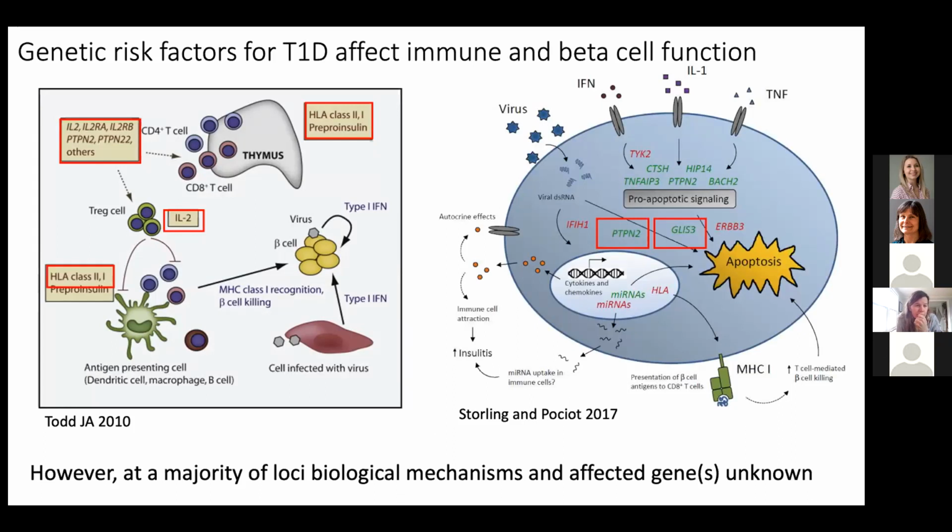There's also likely a component that involves beta cells and their intrinsic functions, participating in their own demise as part of the disease process, and several genes have been demonstrated to affect beta cell function in the context of type 1 risk. But of course, for a majority of loci for type 1, as with other complex disease, the biological mechanisms, cell types, and genes that are ultimately affected are largely unknown.